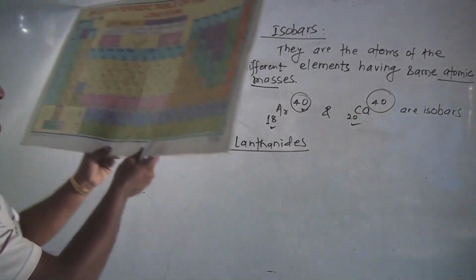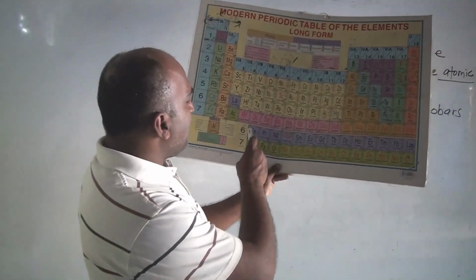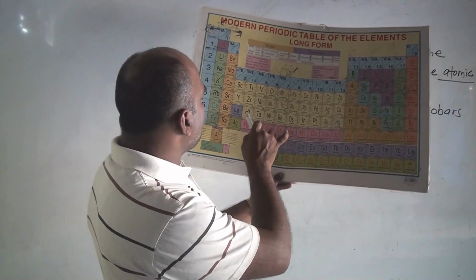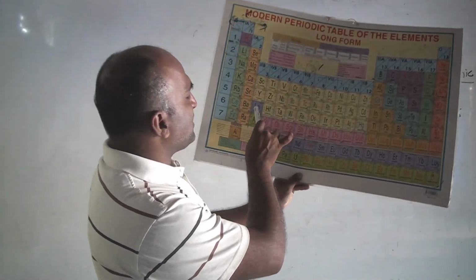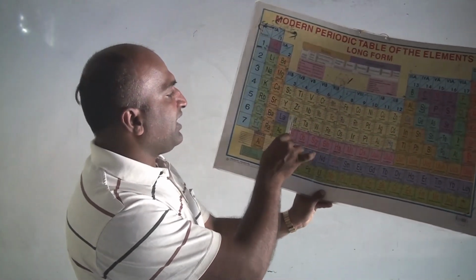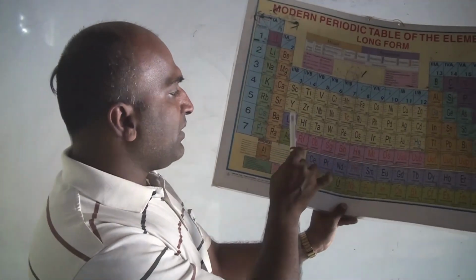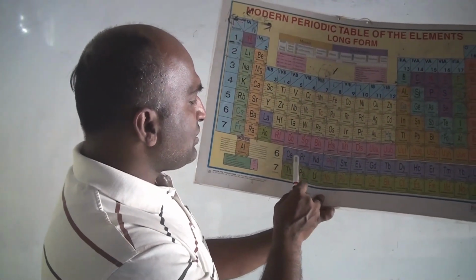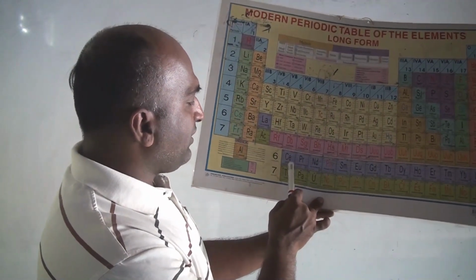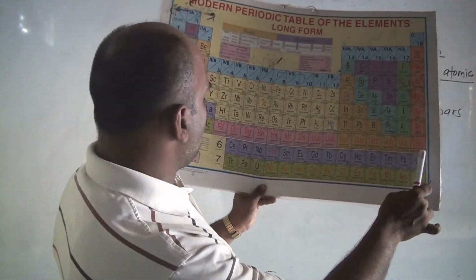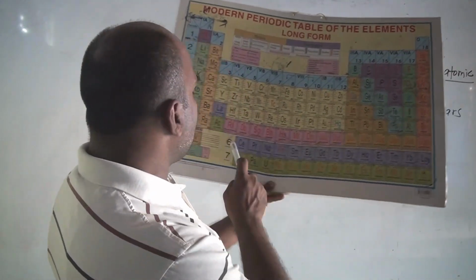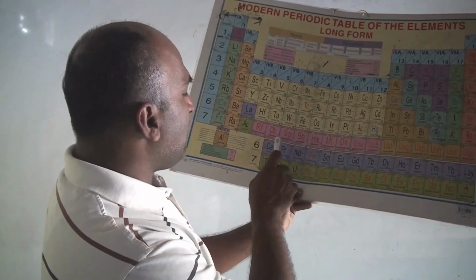The atomic number of lanthanum is 57. After that, the element cerium is given, up to lutetium.